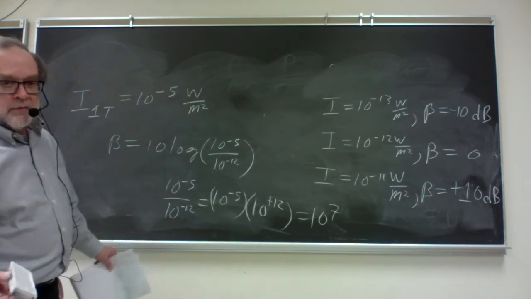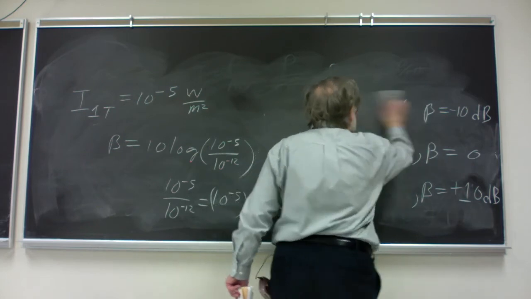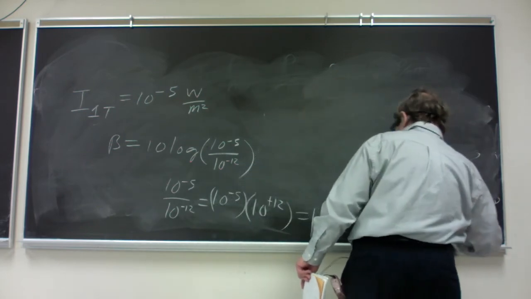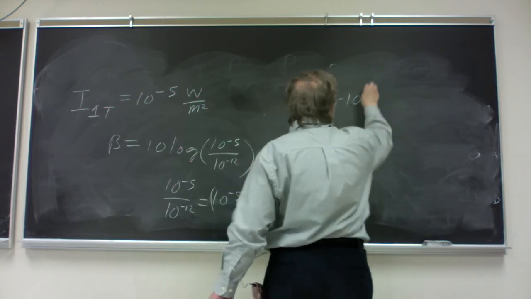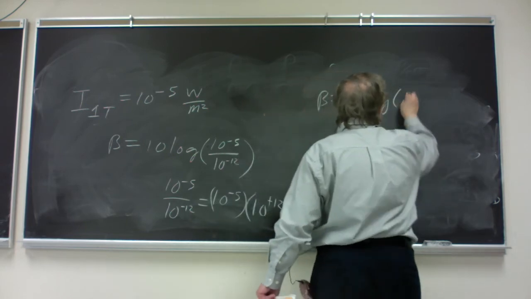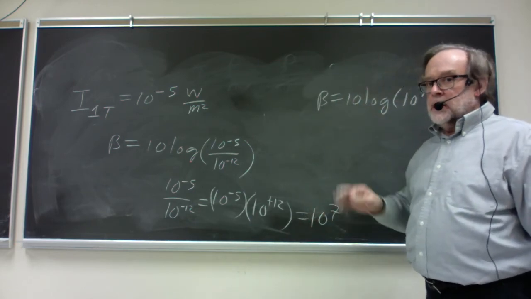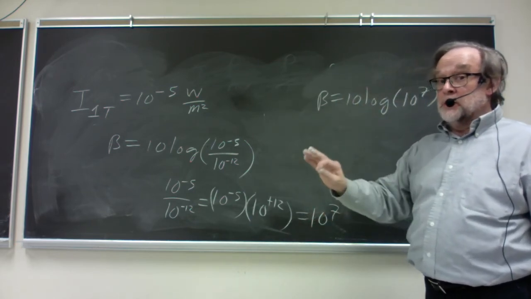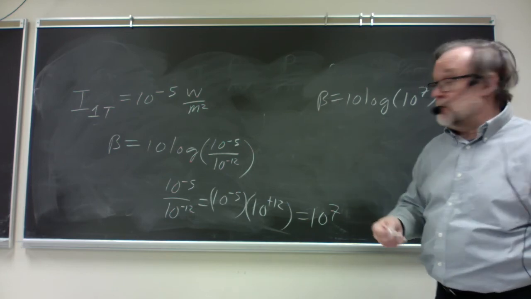So what we have in this case is an intensity level of 10 log 10 to the 7th. And this is easy, again. We still haven't come across any case where you actually need your calculator. You just need the definition of logarithm.